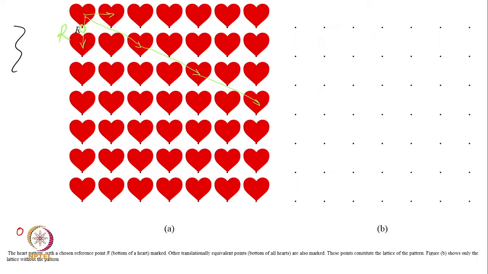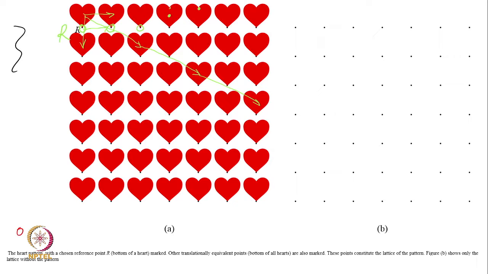So, from the bottom of my heart, I go to another heart, and there also I select the bottom. So, identical features of all the hearts have to be selected, not that I select the bottom here and then I select the centroid here and then I select this depression there.